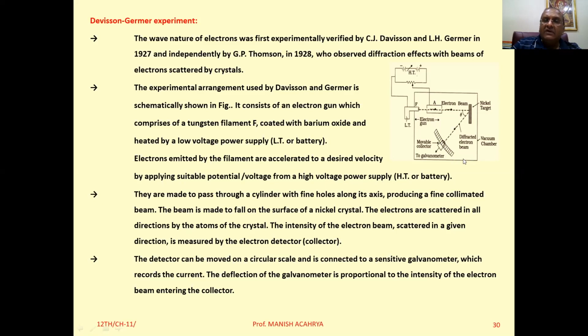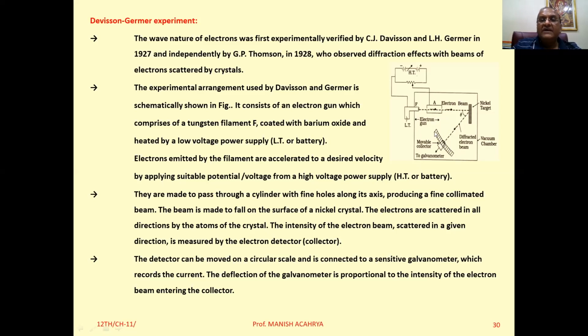So there was a movable detector, or we can say collector, which was connected with a galvanometer, and that detector can be moved on a circular scale. So when we place it at different positions, with the help of the measurement of the current in the galvanometer, one can measure the intensity of the scattered electrons at different angles.